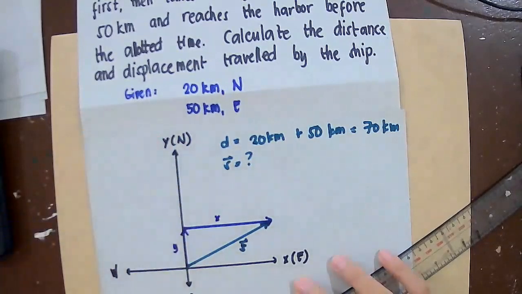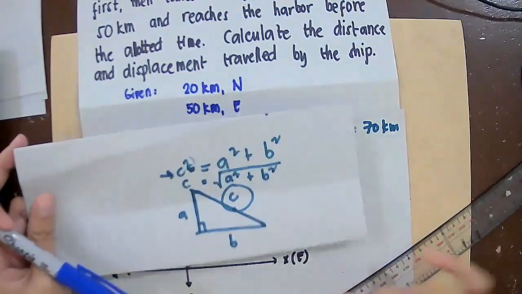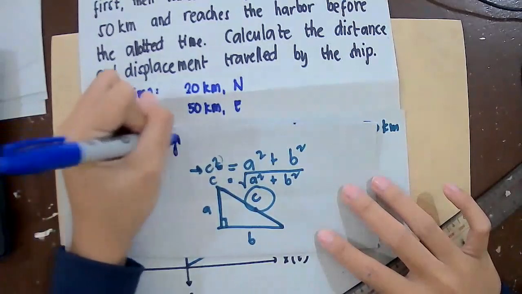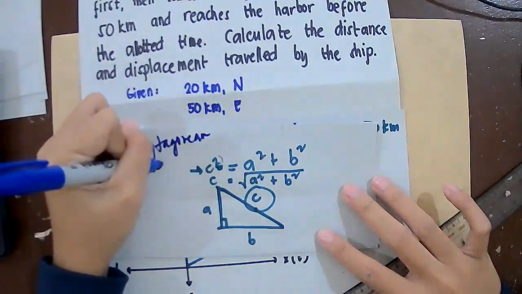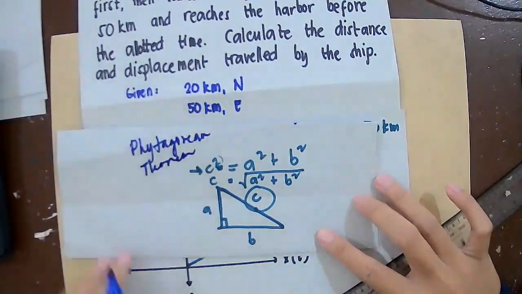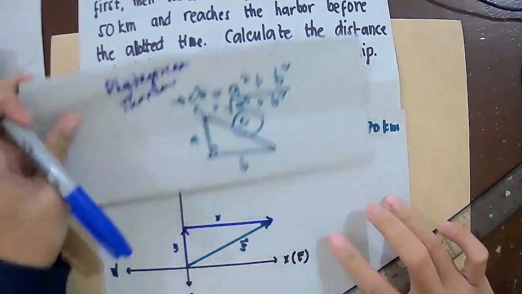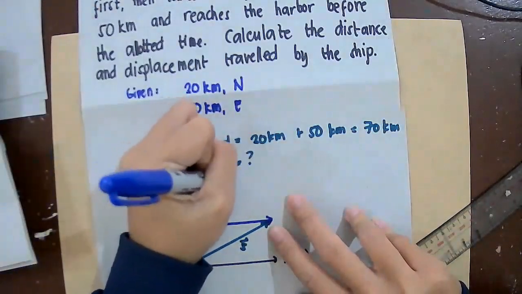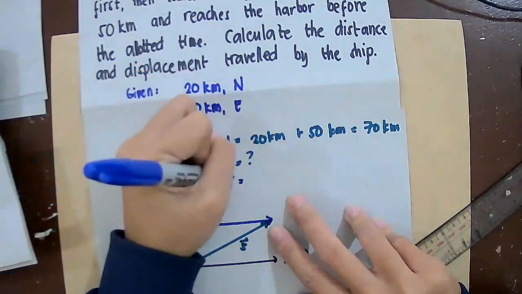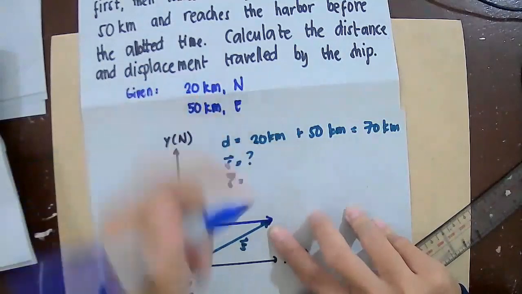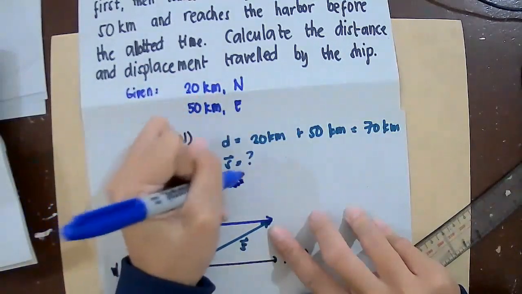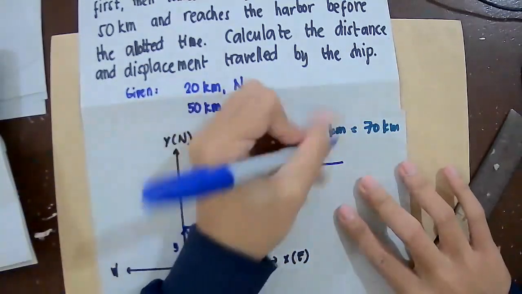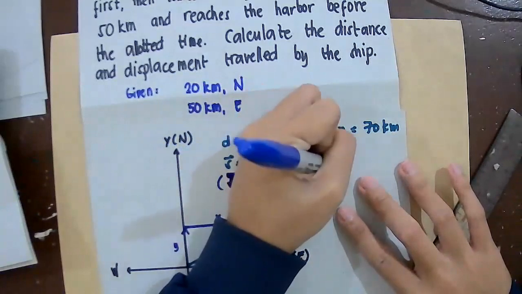So to solve for your displacement, again, we are going to use your Pythagorean theorem. Okay, so we are going to use again this relationship. So we have the magnitude of S. So wala na tayong arrows sa itaas kasi magnitude. Ulit. So S is equal to the square root of x squared plus y squared.